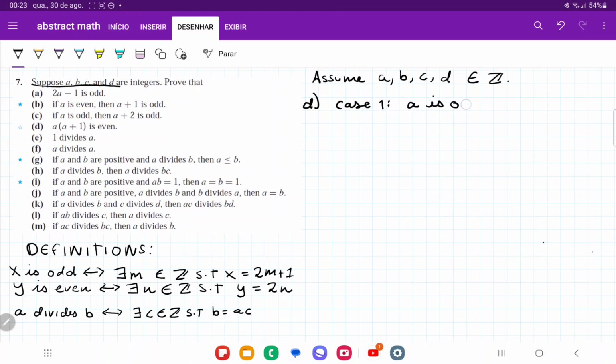a is odd. So if a is odd, then there exists an m belonging to the set of integers such that a is equal to 2m plus 1.